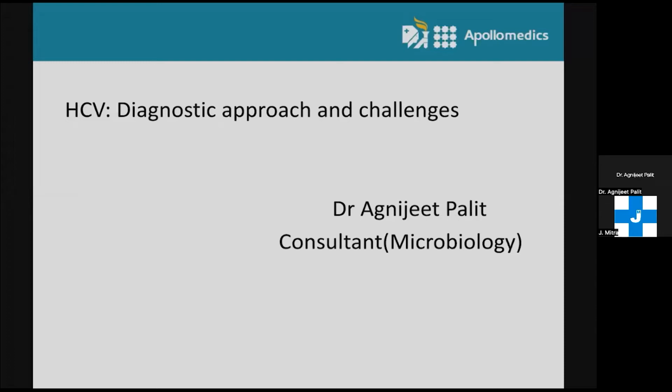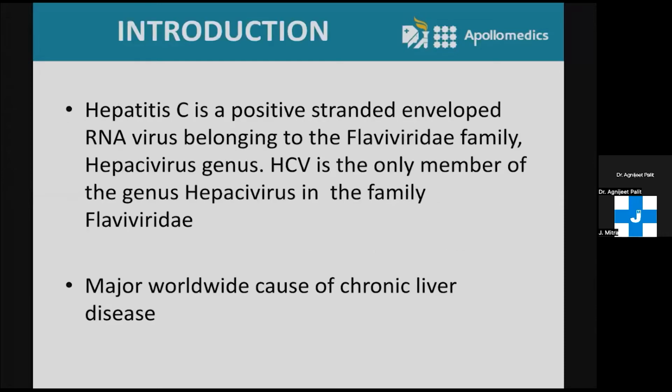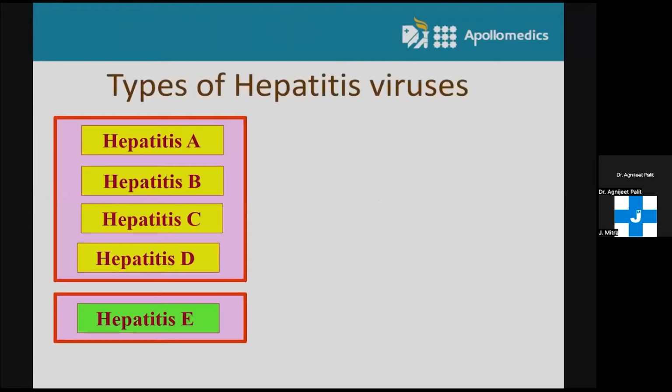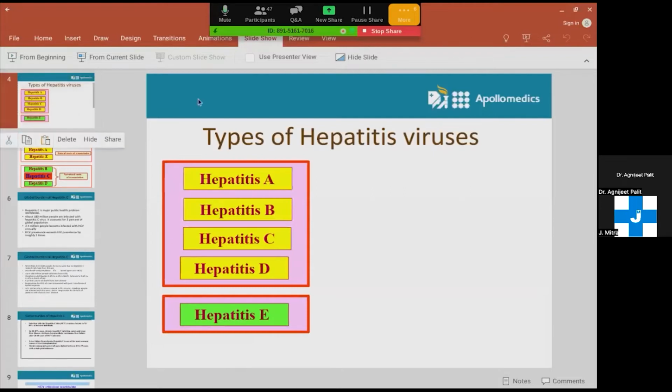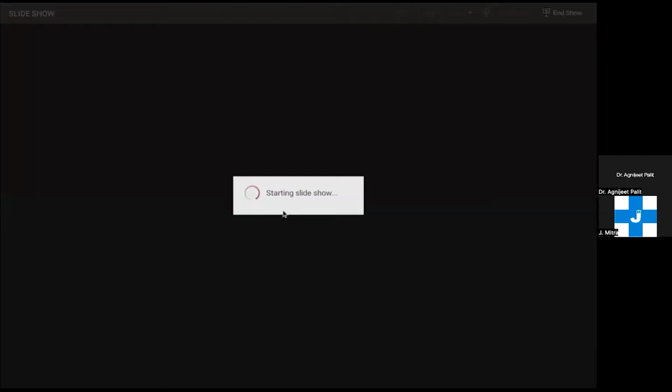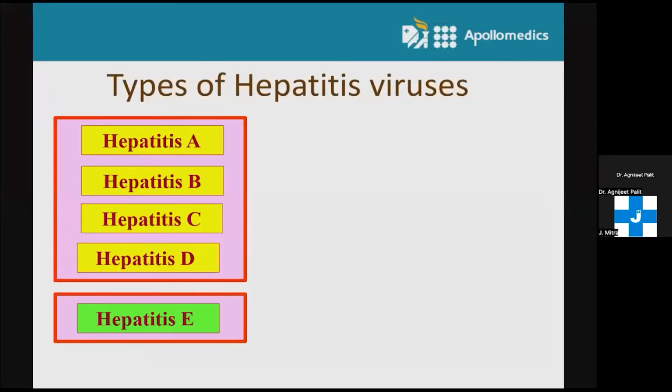And as I have said, it is a major worldwide cause of chronic liver disease, and there's a huge global health burden of hepatitis C. Among the types of hepatitis virus, we have hepatitis A, B, C, D, and E, of which hepatitis B, C, and D usually are transmitted parenterally, and hepatitis A and E usually follow the enteral route of transmission.